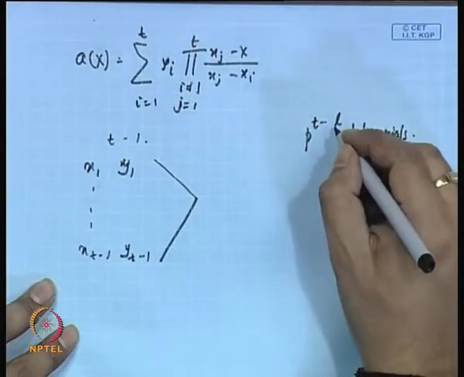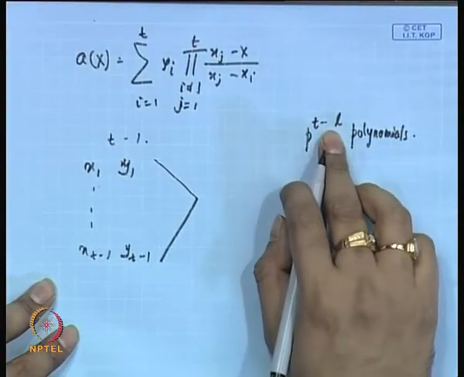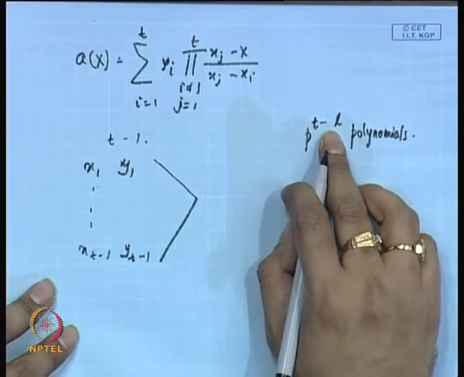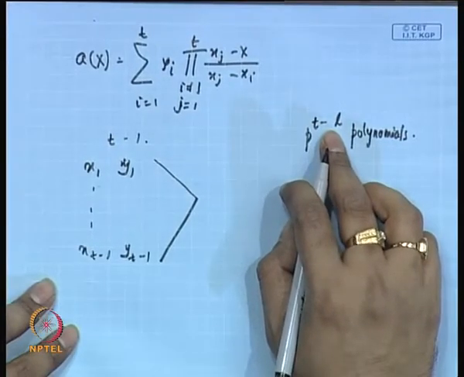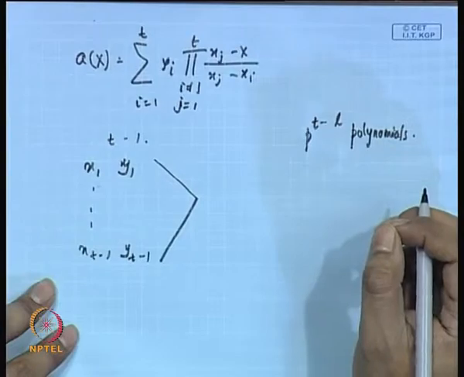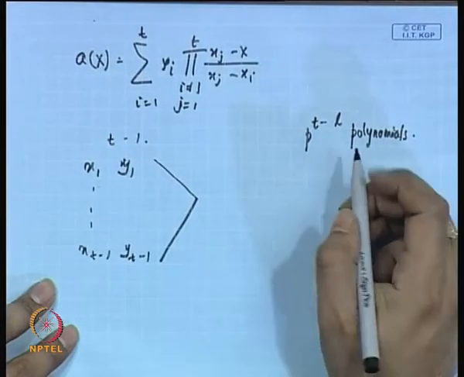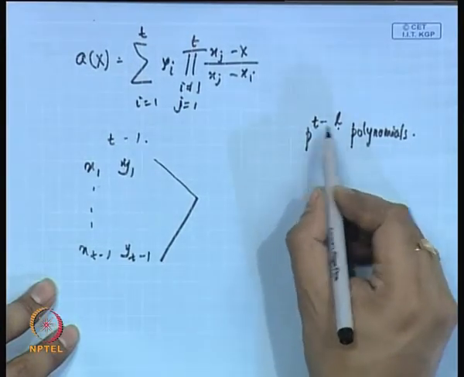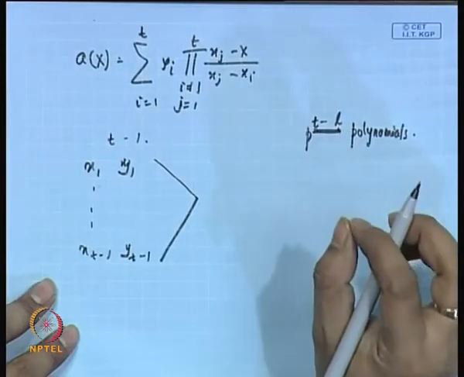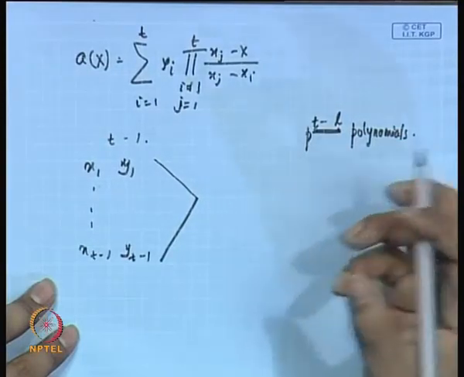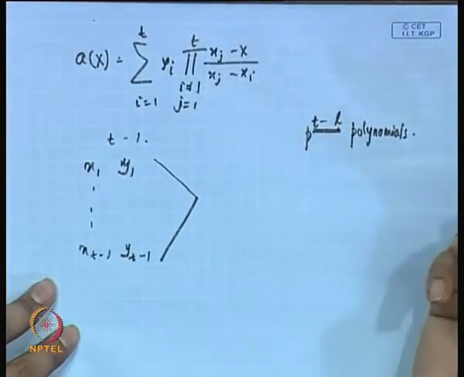So, if this value is lesser, then there is more ambiguity because there are a larger number of polynomials which are possible.